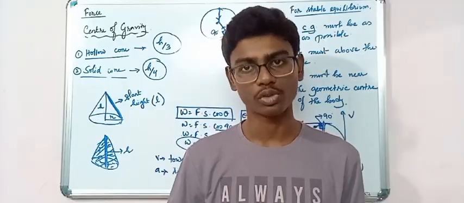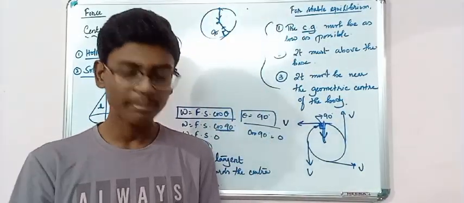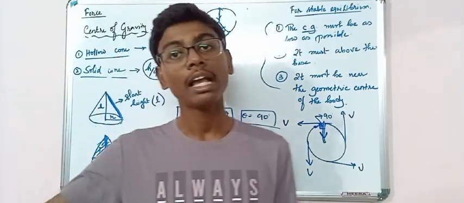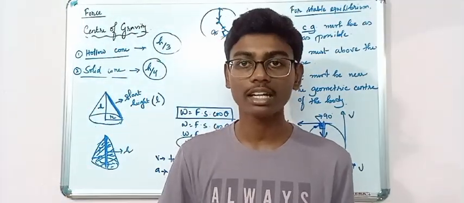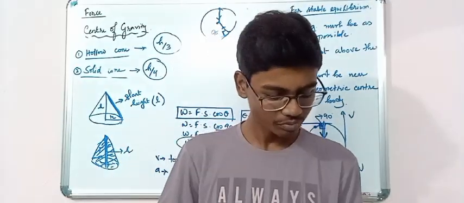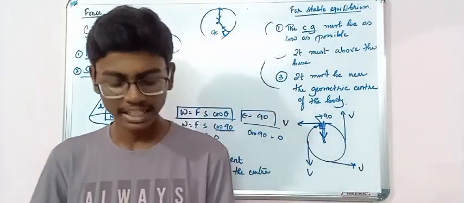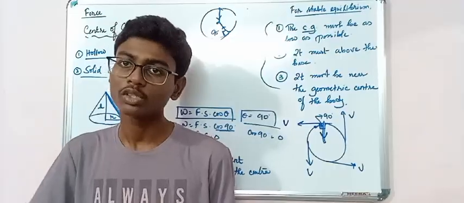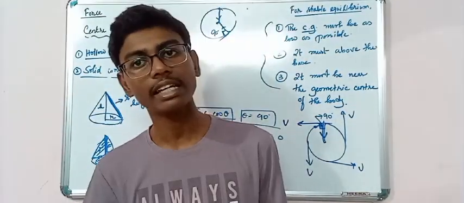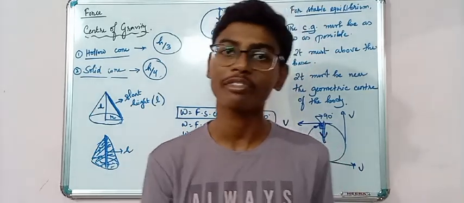If someone is on a merry-go-round, he will find that tensional force is acting on the string towards the center. That centripetal force is the tensional force there, right? It is acting towards the center, and centrifugal force is acting away from the center.